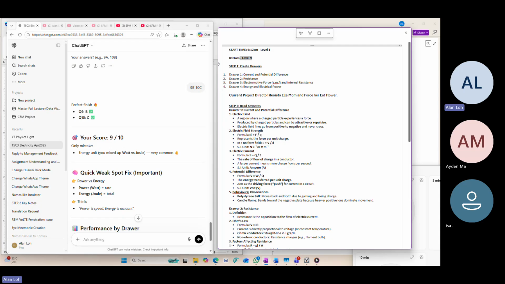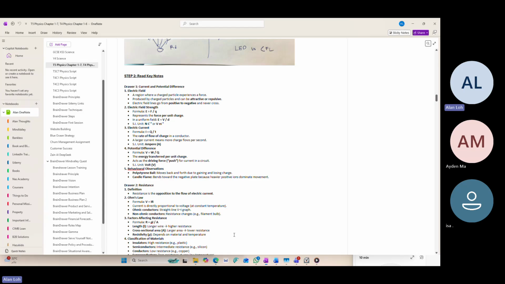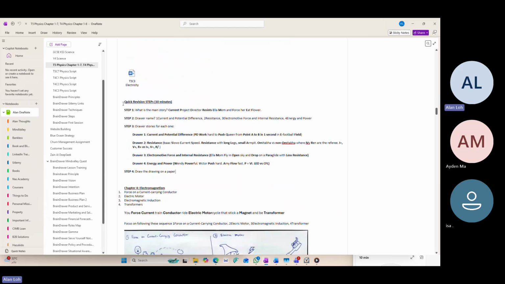You have to do this, the 10 minutes revision. If you do this every 10 minutes, then you are able to maintain it at 9. And if you want to push it more, obviously you need to do past year questions, you need to do more exercise, then you can move from 10, 11, 12, 13 until the level that you think is good for you.